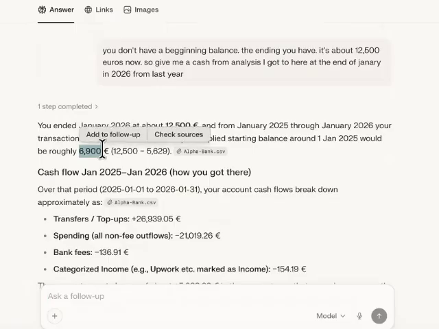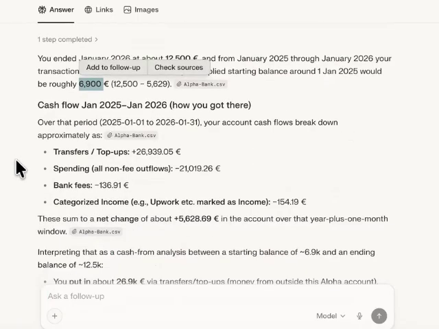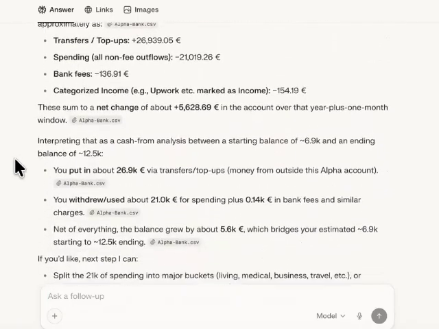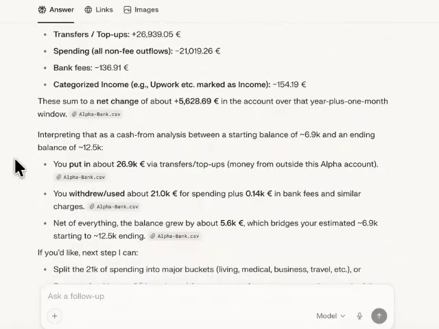That's right. So it's taking transfers. It's marked as transfers because I take my money from the United States, transfer it to Wise in Belgium, transfer here to Alpha Bank Cyprus. So here we go. Interpreting that as a cash flow analysis.